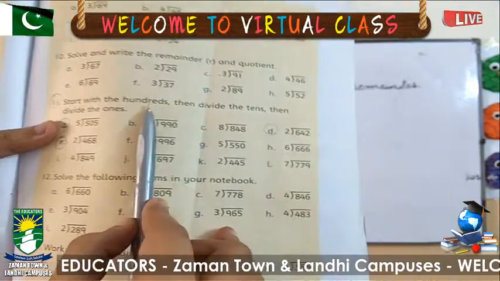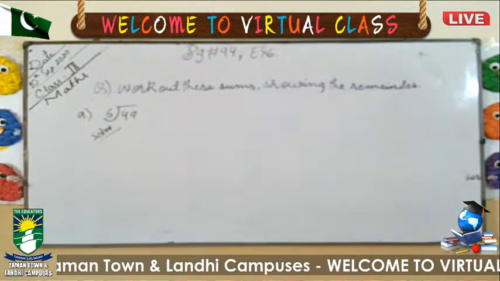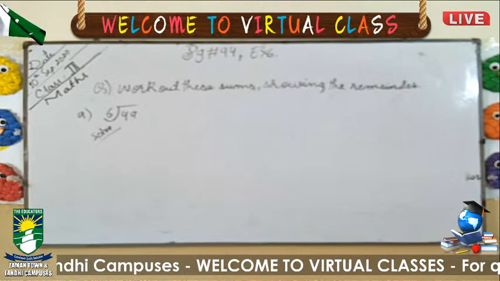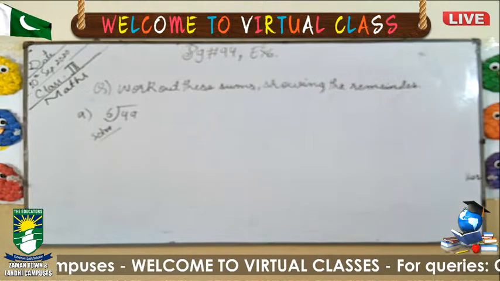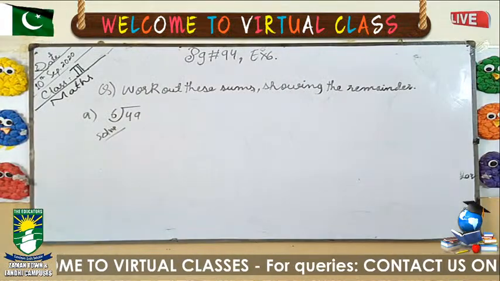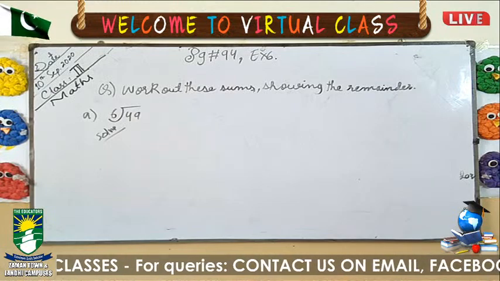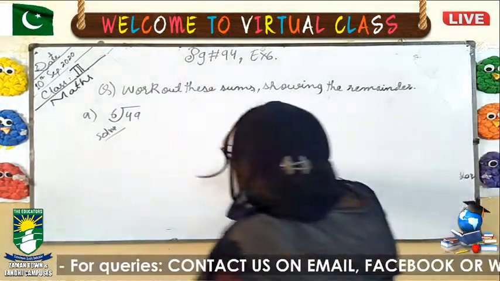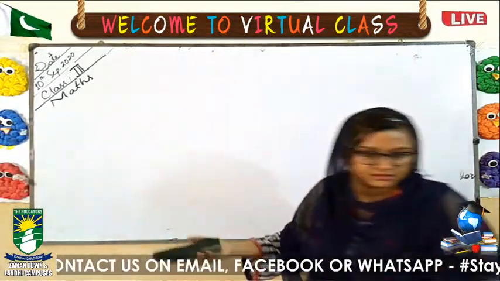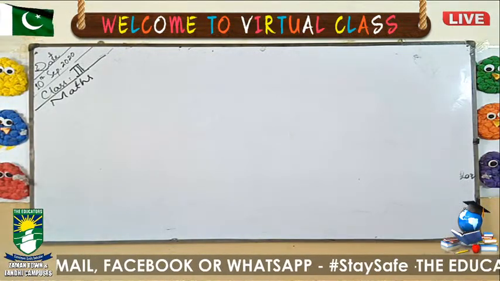95. Start with the hundreds, then divide the tens, then divide the ones. Now I can change the question. After this, we will do it in the copy.